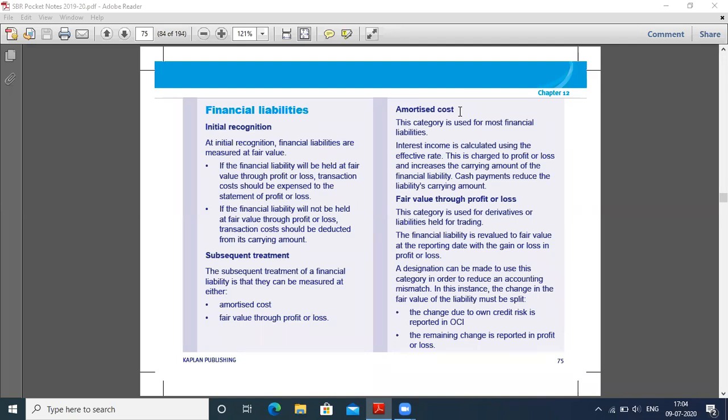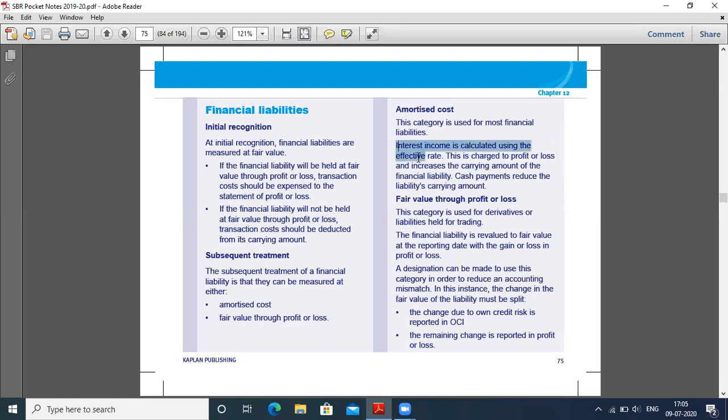According to this method, interest is calculated using the effective rate, charged to profit or loss account, and increases the carrying amount of the financial liability. Cash payments reduce the liability carrying amount.